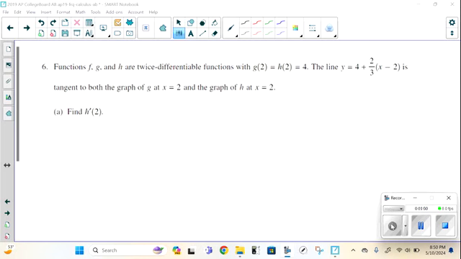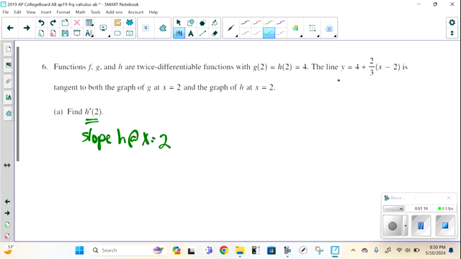When I first read this problem, I thought it was maybe a joke because it's asking us for the derivative of h. The derivative of h is like saying the slope of h at x equals 2.